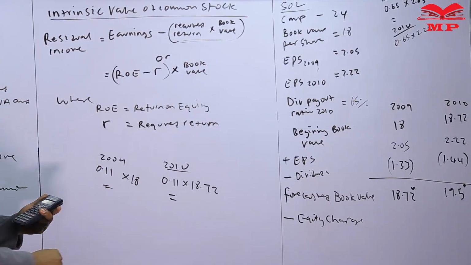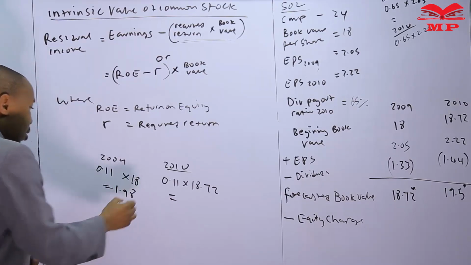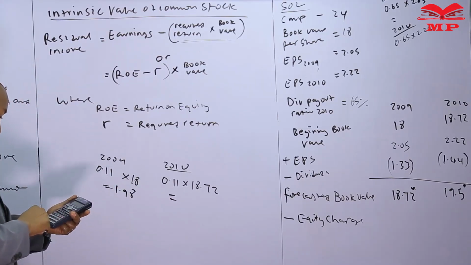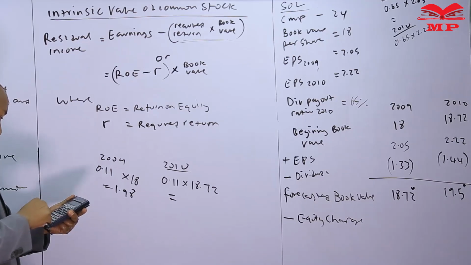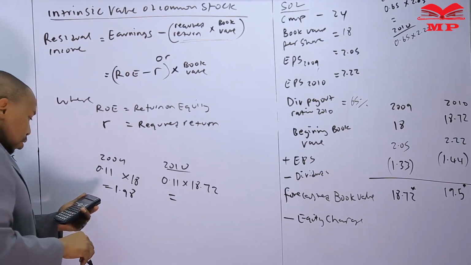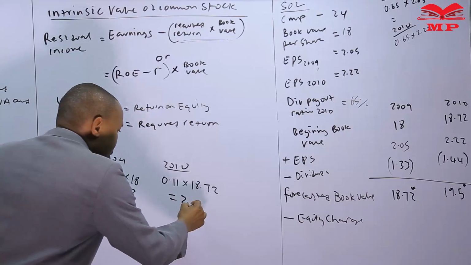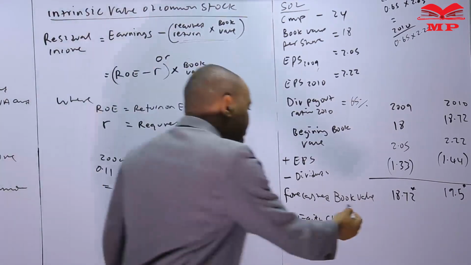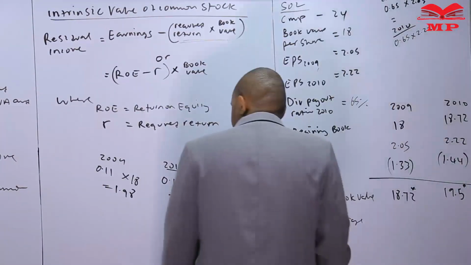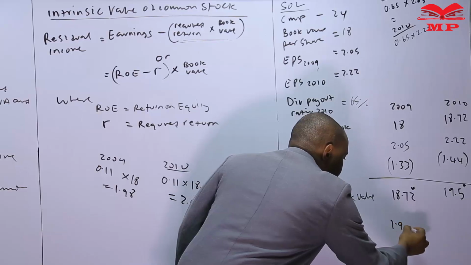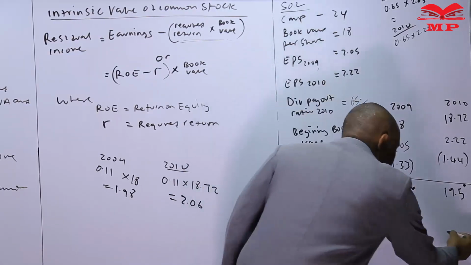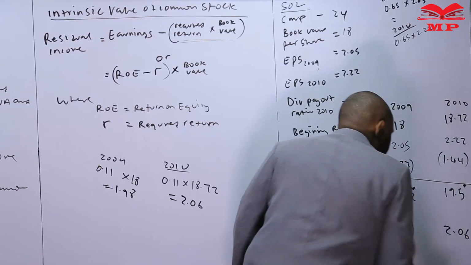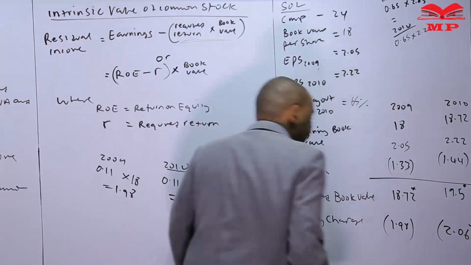We have 1.98, and multiplied by 18.72 we have 2.06. So we slot those values directly under the equity charge: 1.98, which we are lessing, and 2.06, which we are lessing as well.